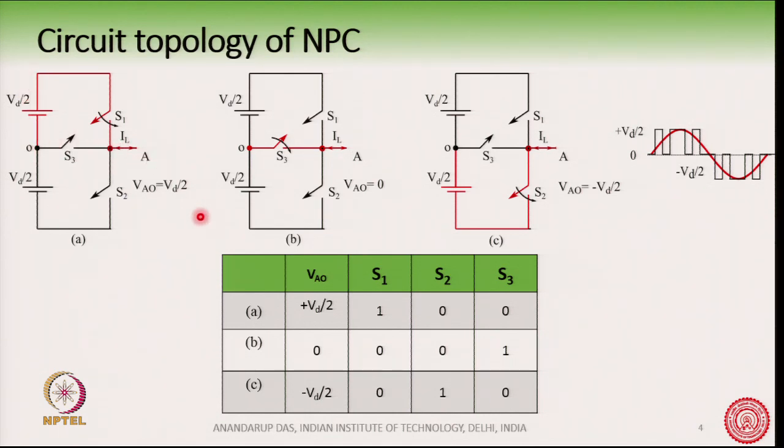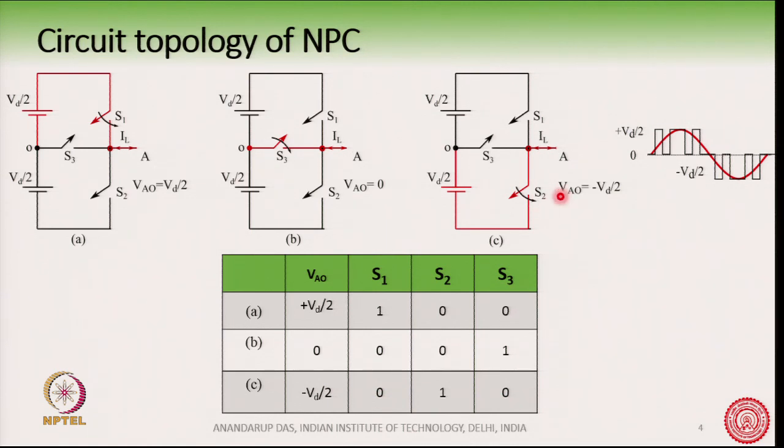On the other hand, if I turn on S2, this lower switch, and I turn off S1 and S3, then the voltage VAO will be minus Vd by 2.